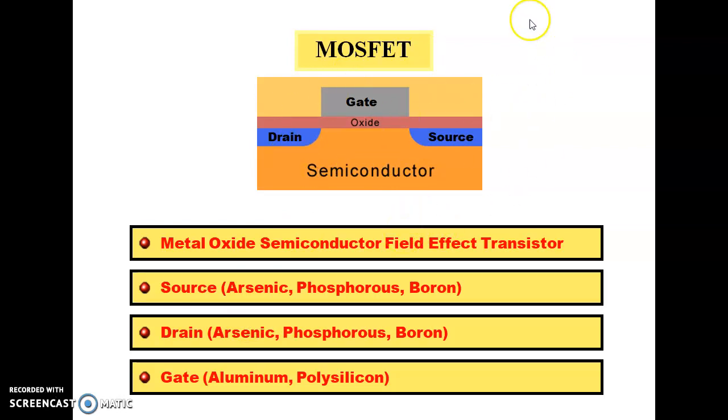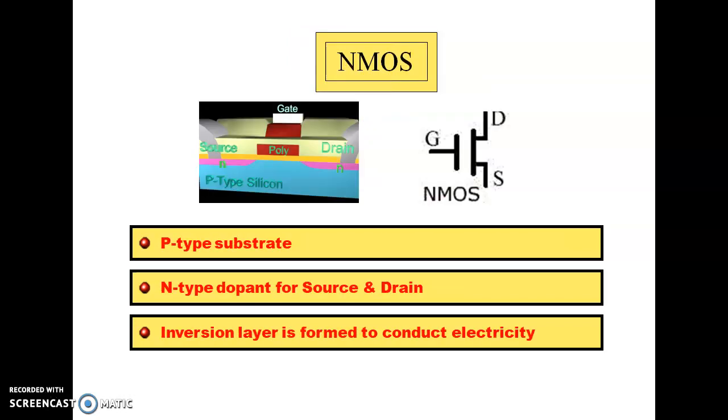Any MOS structure contains a substrate on which source and drain, gate, and beneath the gate a thin oxide layer. NMOS stands for N-channel enhancement MOSFET. MOS stands for metal oxide semiconductor. Gate, source, drain are the terminals present in the MOSFET.